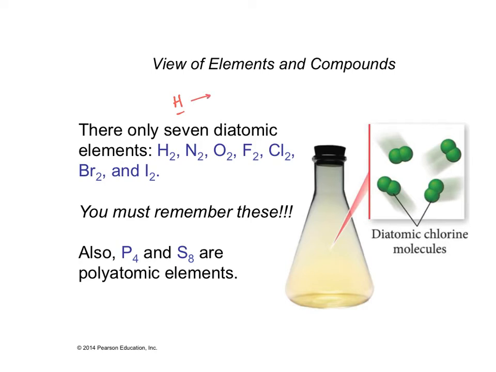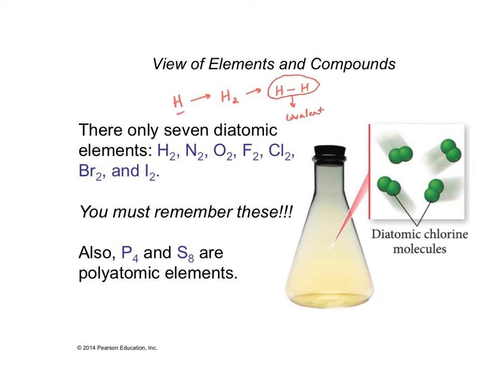Hydrogen instead exists as a diatomic substance, meaning you will only ever find it as an H bound to an H. We denote this as H₂, but in reality it's just a hydrogen that has a covalent bond with another hydrogen. This is how you find hydrogen in nature.